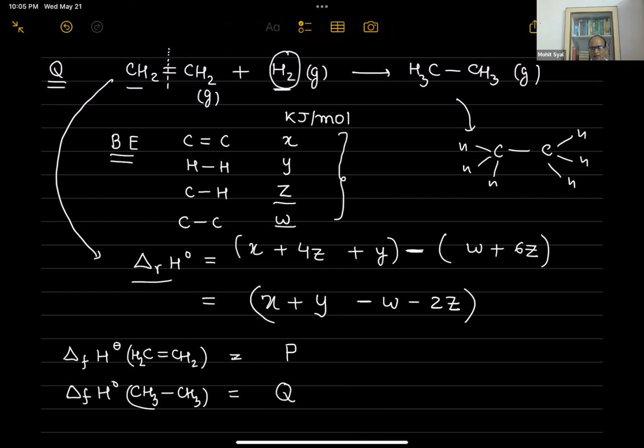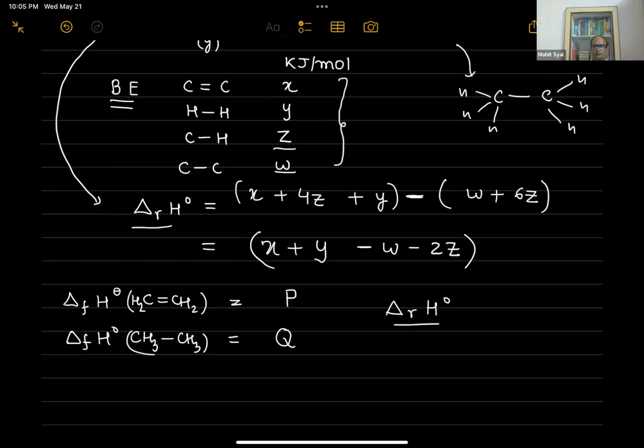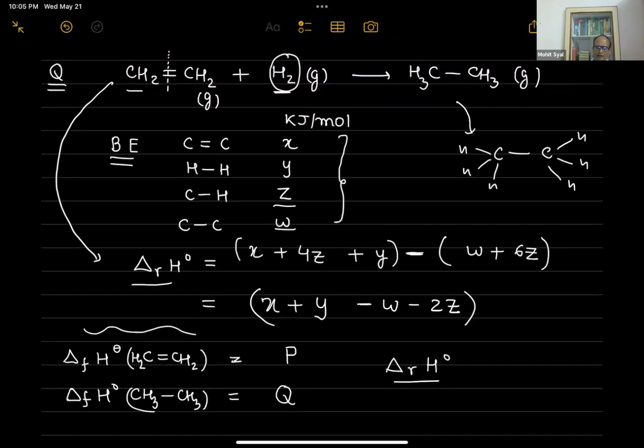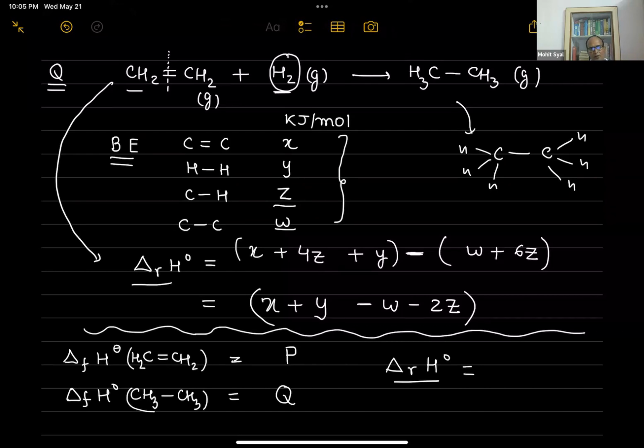So what is the heat of reaction, the standard enthalpy change for the above reaction, in terms of P and Q? Q minus P. Standard enthalpy of reaction in terms of enthalpies of formation is the enthalpy of formation of products minus the enthalpy of formation of reactants.